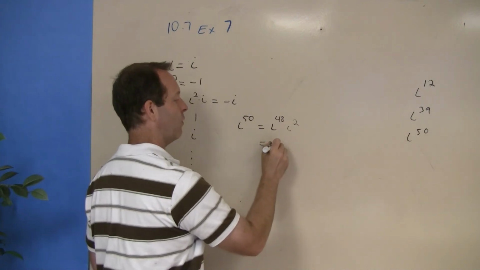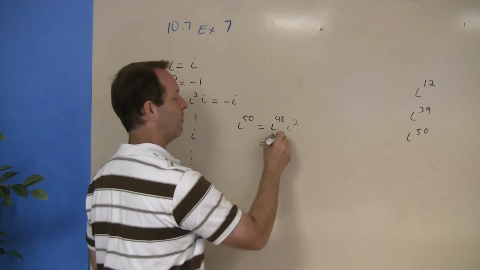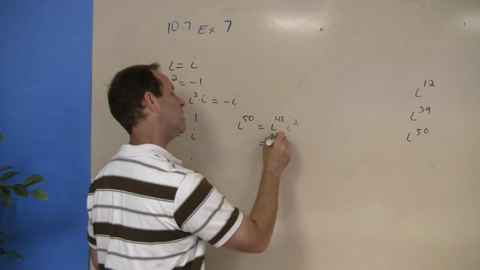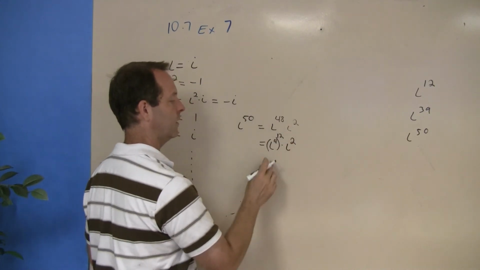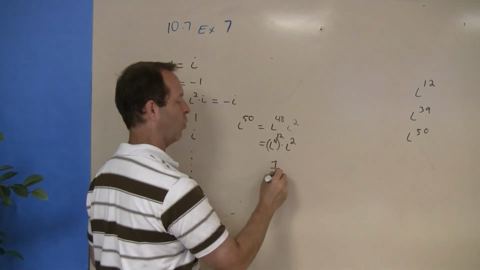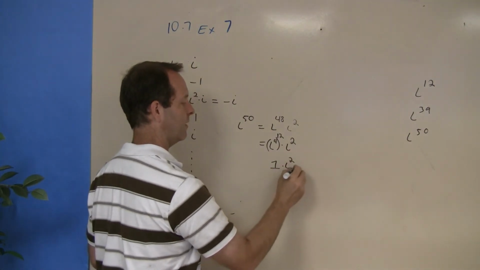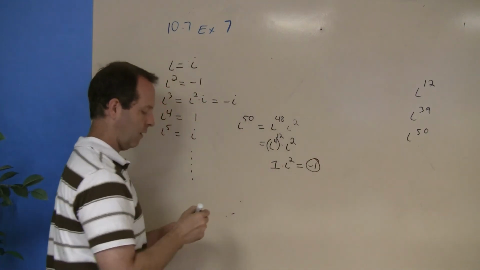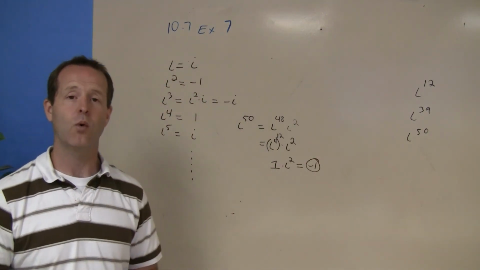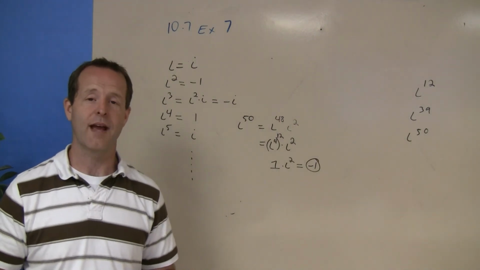So it gives i to the 4th to the 12th power times i squared. i to the 4th to the 12th is a 1 times i squared, and that equals just i squared. i squared is -1. So i to the 50th is -1, and that's the simplification when we have powers of i.